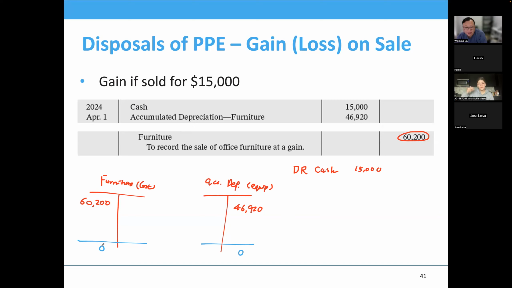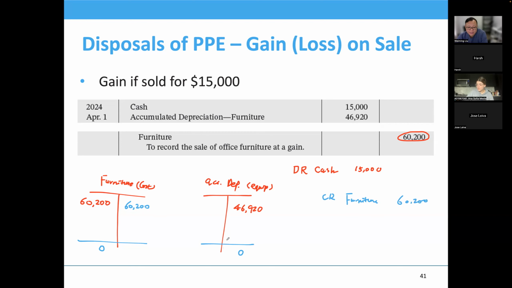How can you make the furniture T account balance zero? Well, you need to put 60,200 on the right side. So you have to credit furniture for 60,200.